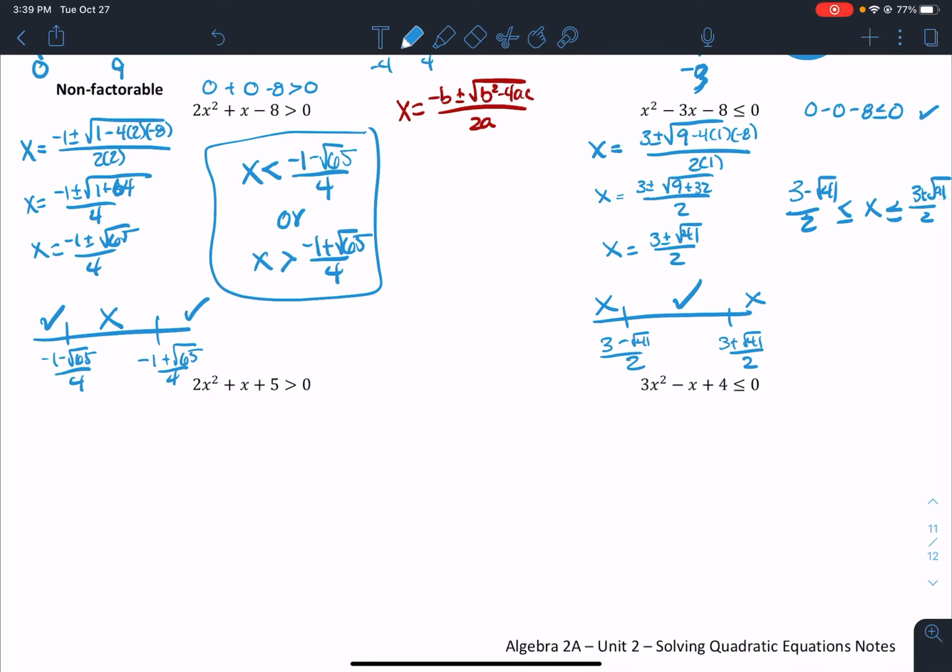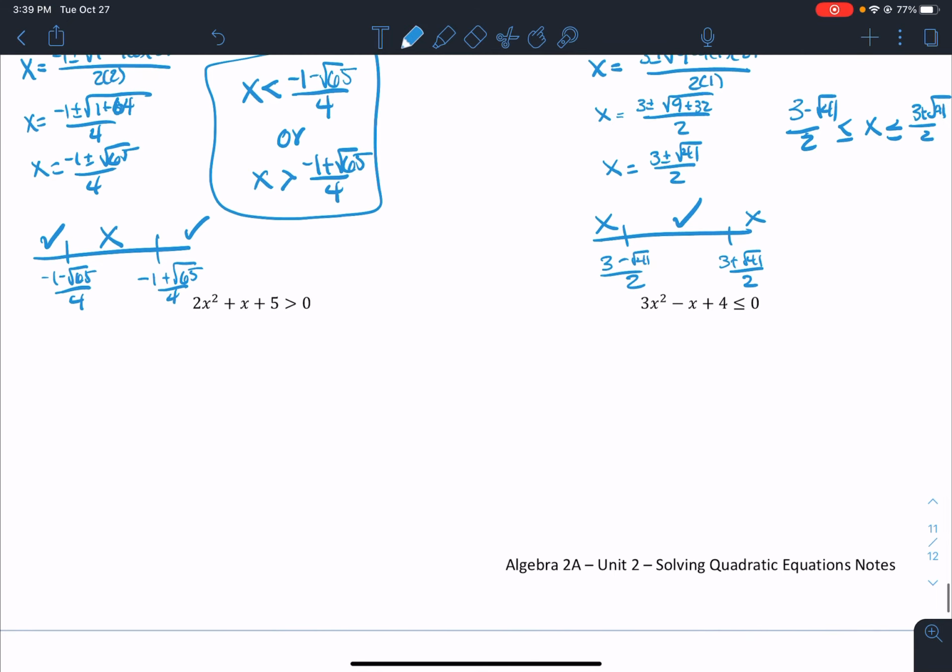Okay. Here we're going to have two more special cases, and you'll see why. They're the same special case, but just two opposite ends of it. So here, x would equal negative 1 plus or minus the square root of 1 minus 4 times 2 times 5, all over 2 times 2.